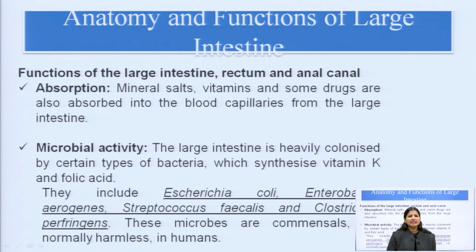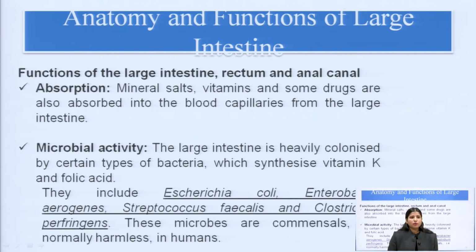Less than 10% occurs in the large intestine. Water needs to be reabsorbed from the large intestine, so that is absorbed from here. So absorption is one of the functions of the large intestine.